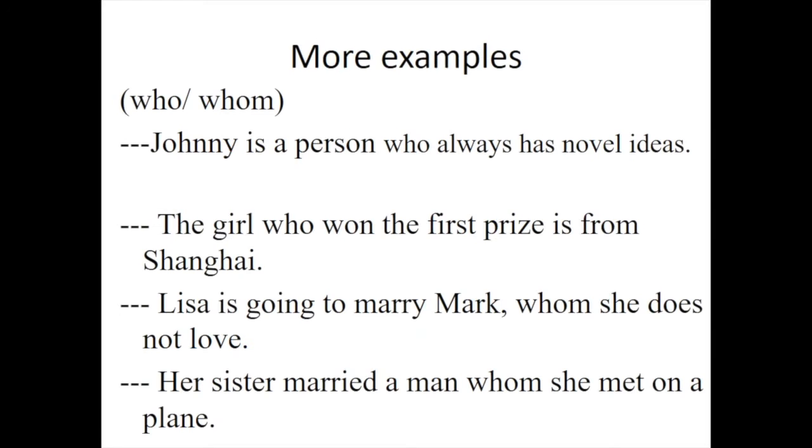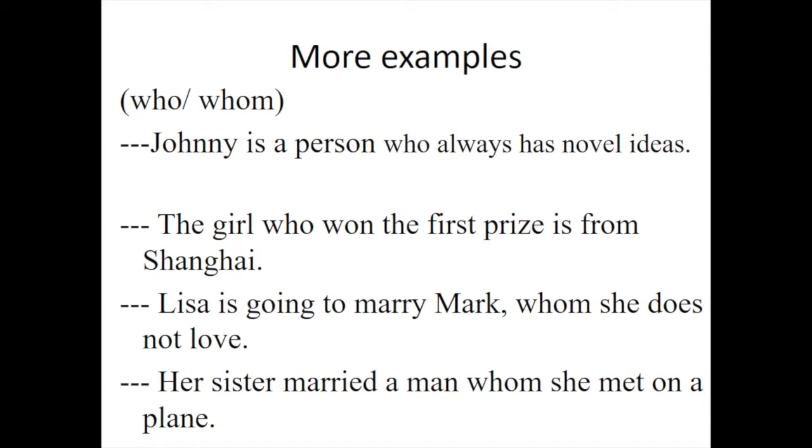Now let's see more examples about who and whom. In these examples, I would like to show you which part is the relative clause of the sentence and who it is describing, and also the original form of the relative clause. Let's see, number 1. Johnny is a person who always has novel ideas.